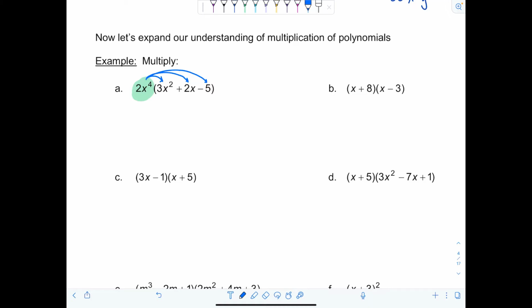So I'll list it out once the long way and then never again, because you don't have to write out this next step every single time. So you would take 2x to the 4th multiplied by 3x squared plus 2x to the 4th times 2x minus 2x to the 4th times 5.